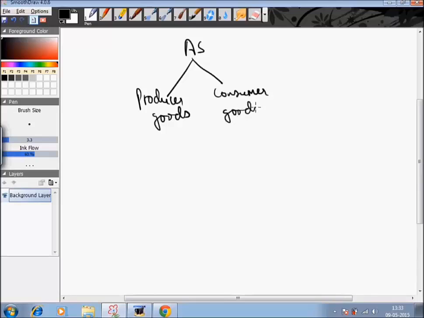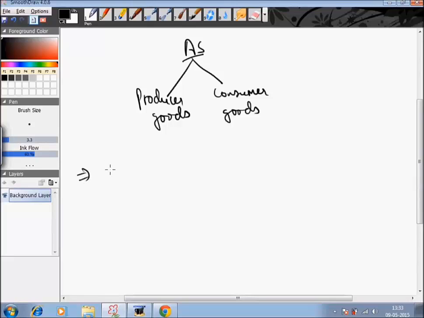That is, when we talk about aggregate supply, it means supply of producer goods and consumer goods. So how do we get the value of aggregate supply? The goods and services which are produced per unit of time are multiplied by their respective prices, which gives the total value of national output, and this is the value of aggregate supply in terms of money.